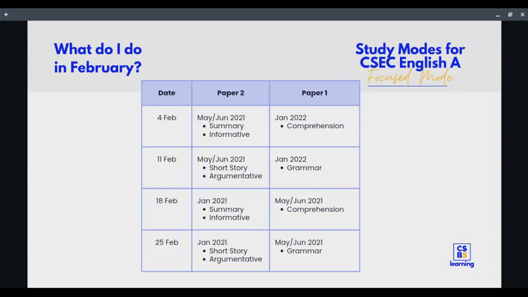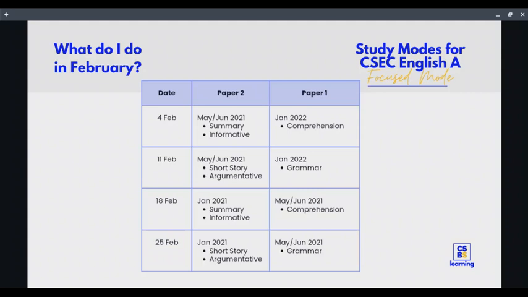It's that simple. That's what you do the first half of the month, and that's what you do the second half of the month. What I'm working on with my classes is May June 2021 in the first half of the month, and then we're doing January 2021. For paper one, you'll also notice that I have split that as well. We have Jan 22 comprehension the first week, and the second week grammar.